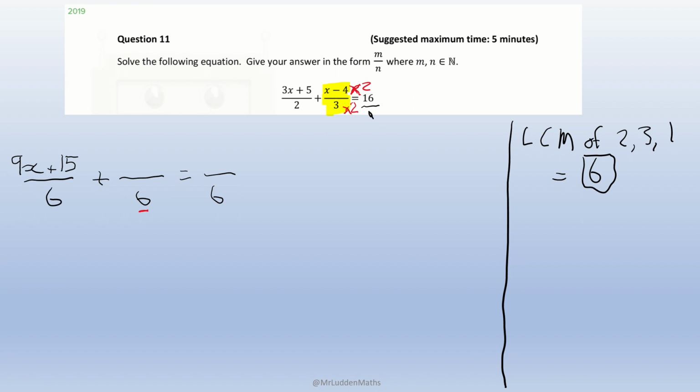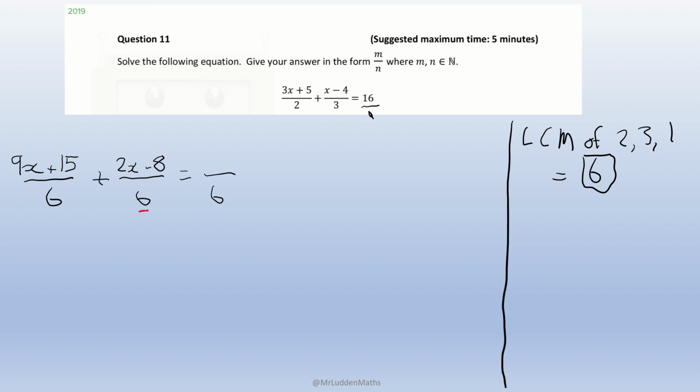So up on top I end up with 2 multiplied by (x minus 4). 2 times x gives me 2x, and 2 times minus 4 gives me minus 8. Be careful with your signs there. I'm going to take that away as well.